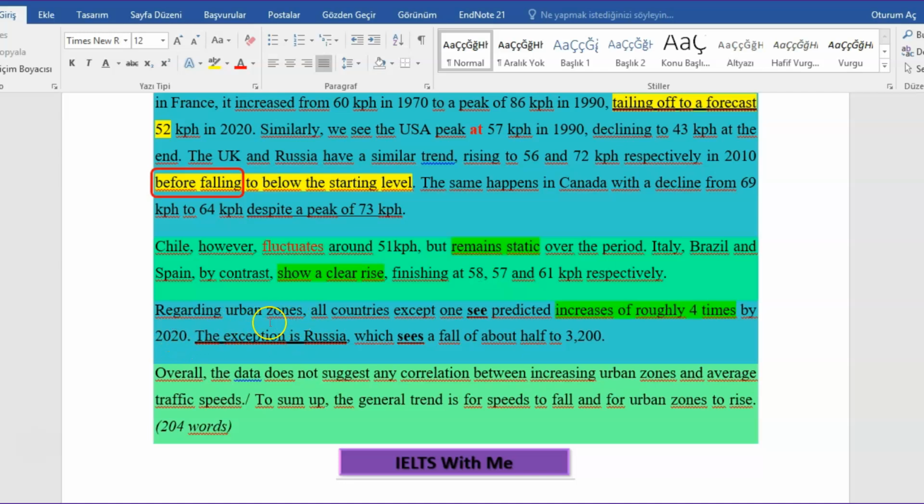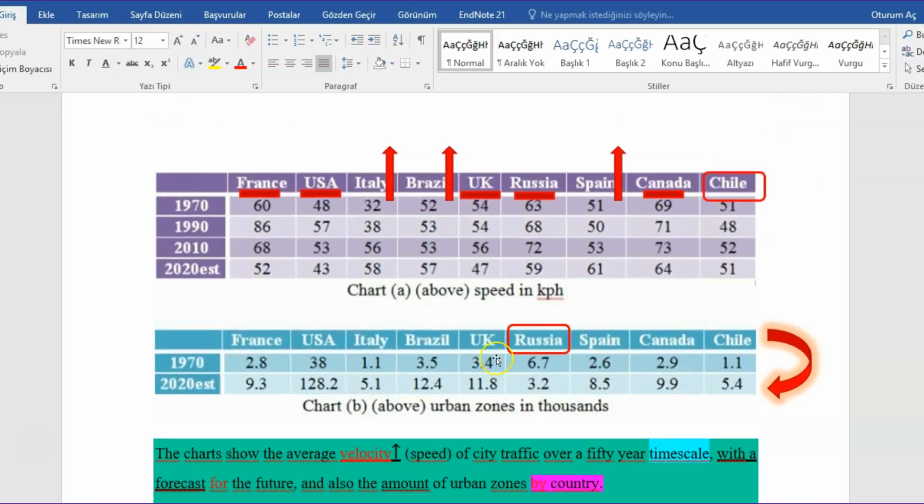Regarding urban zones, or turning to urban zones, again, great academic phrases, right? All countries except one see predicted increases of roughly 4 times, almost 4 times, by 2020, right? The exception is Russia. That's true. We know that.